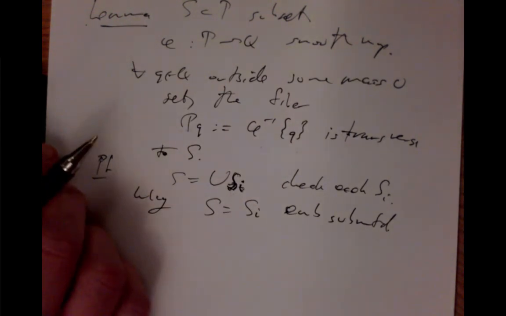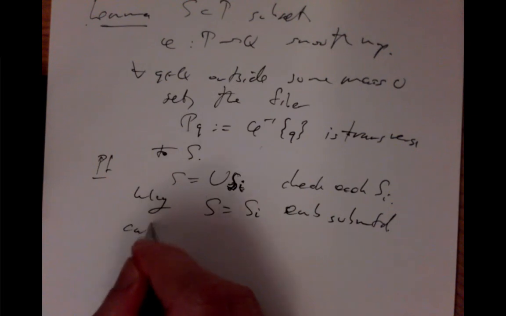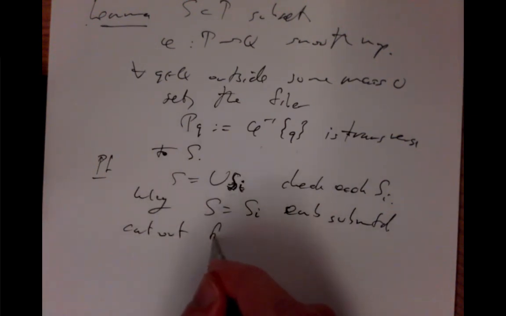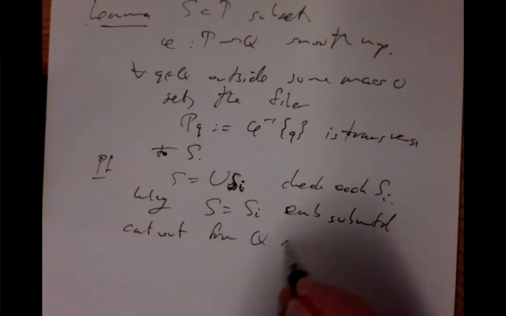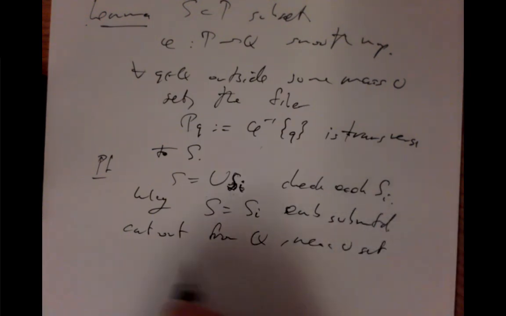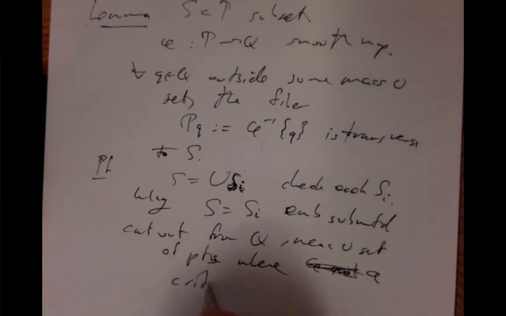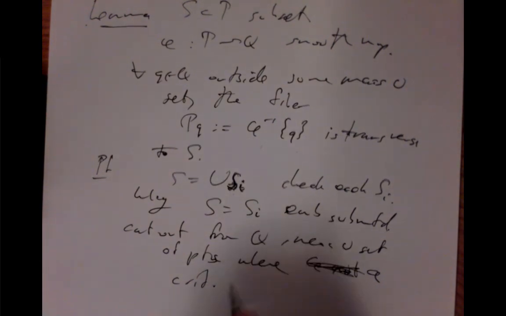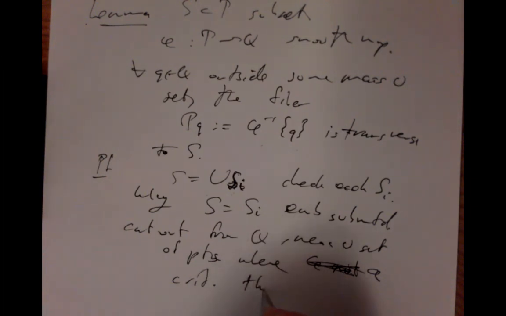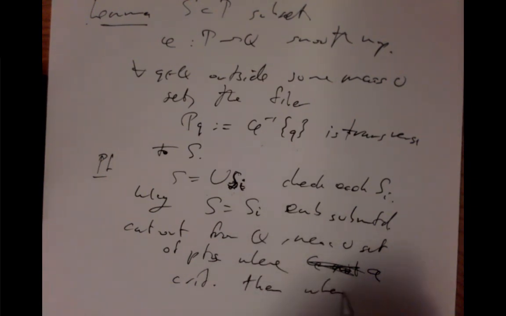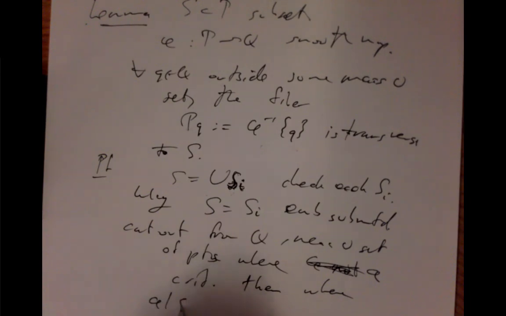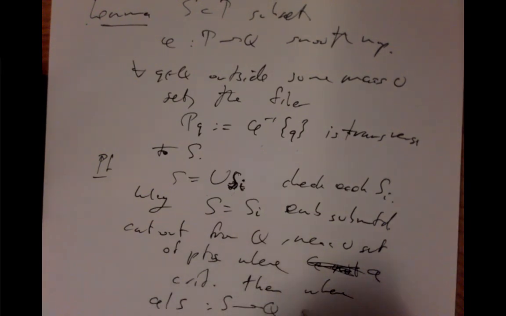So now what we do is we cut out from Q a measure zero set of points where phi is critical, let's say. So we can assume we're working at regular points, and also where phi restricted to S, which takes S to Q, is critical.